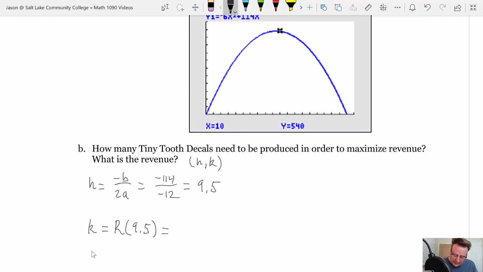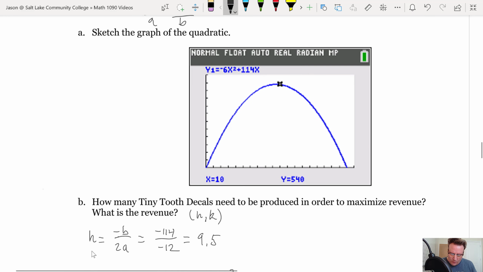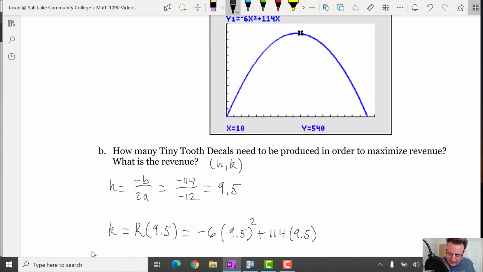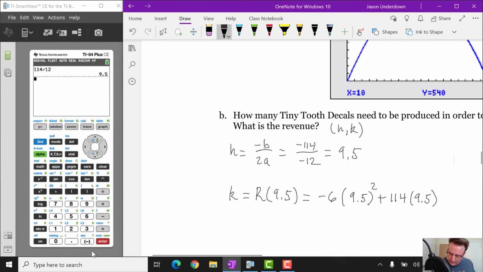So this is going to be negative 6 times 9.5 quantity squared plus 114 times 9.5. Okay. Definitely going to use the calculator for that calculation as well.